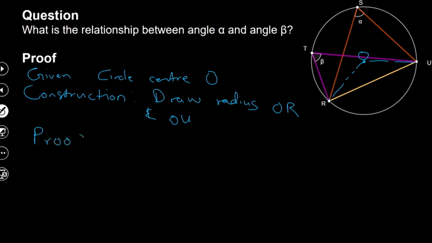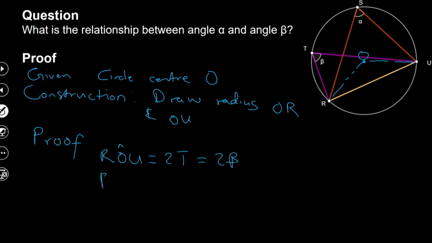We don't really know what is required to prove as yet. We are just trying to see what is going to be the relationship based on these two things that I have here. I know that angle ROU will be equal to 2 times T, which is actually 2 times beta.